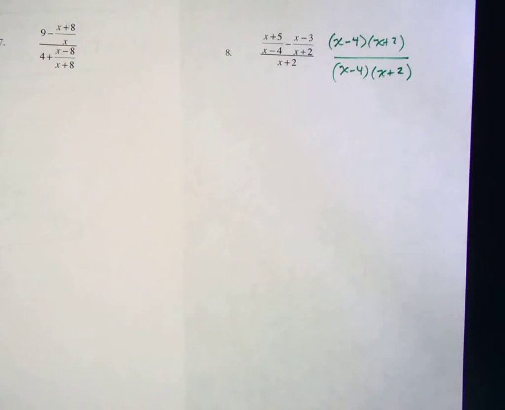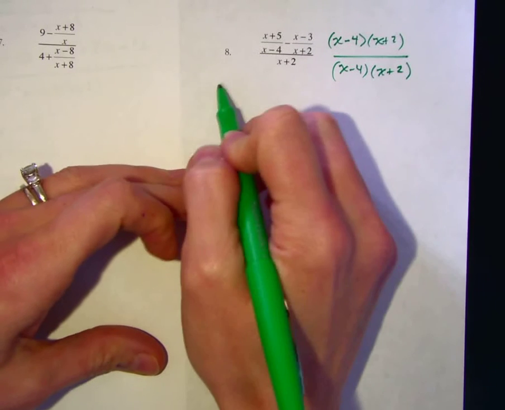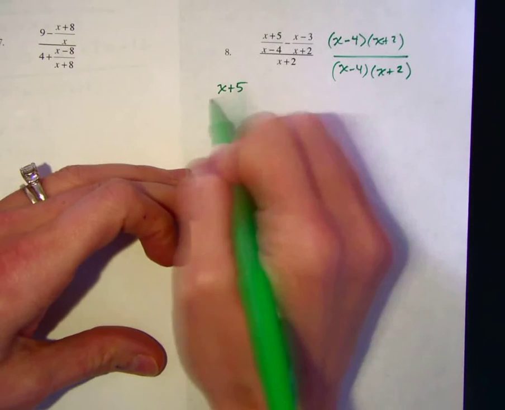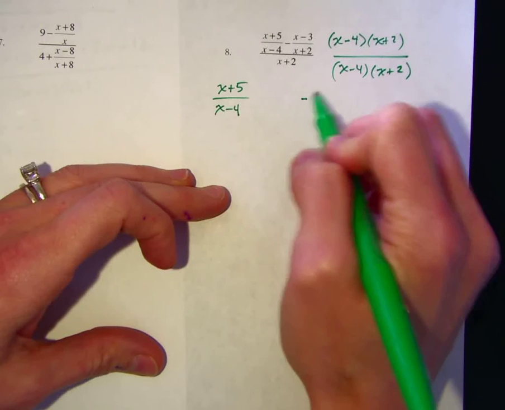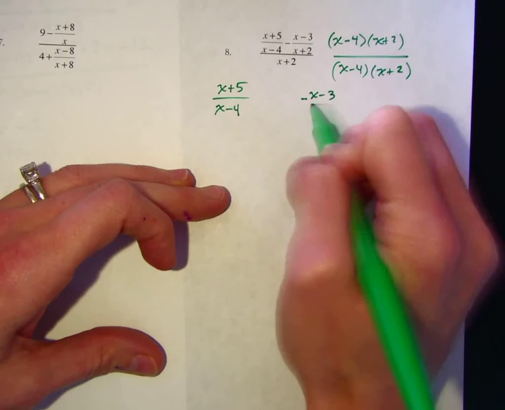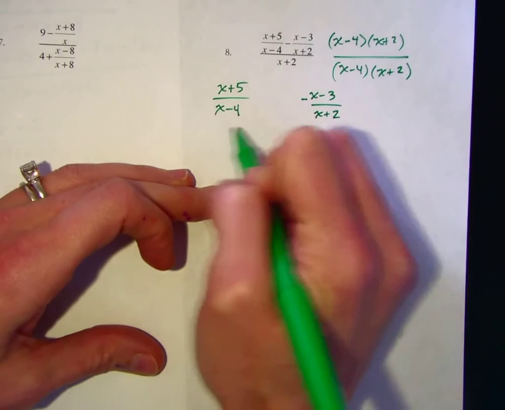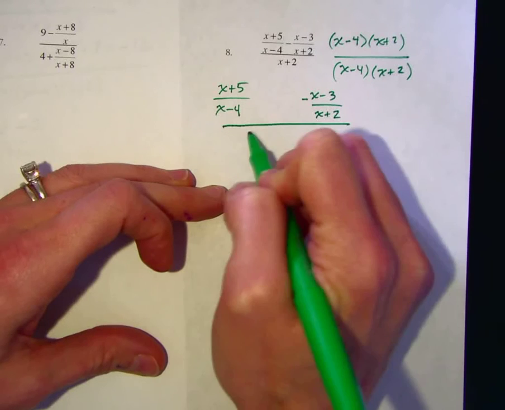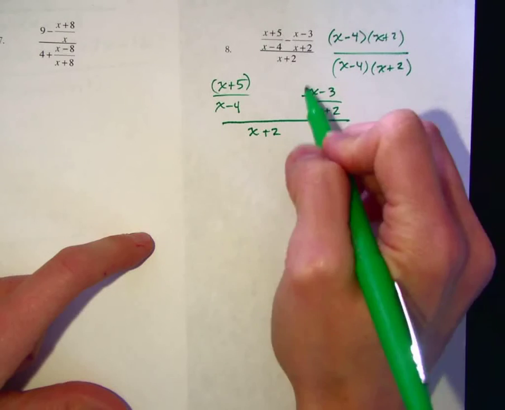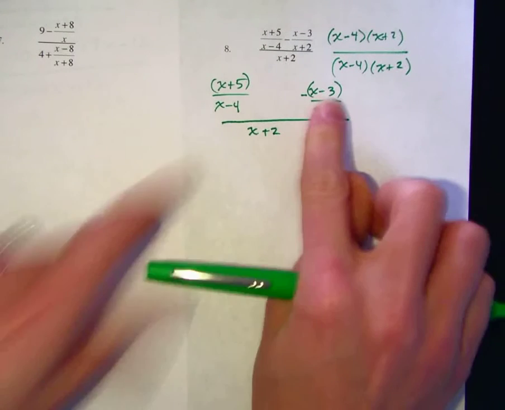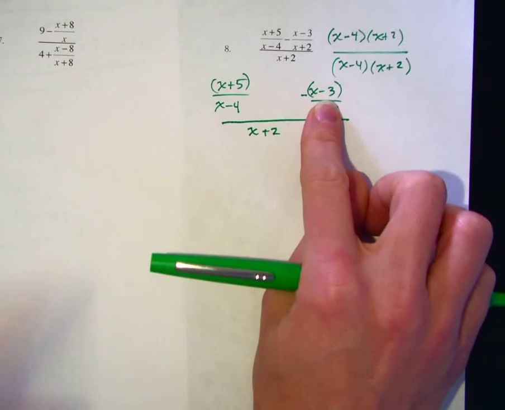All right, so if we rewrite our complex fraction and leave a little bit of space here, what I'm going to do with all the binomials, I'm just going to put parentheses around them because anytime we're multiplying with binomials, there's going to be some distributing involved.